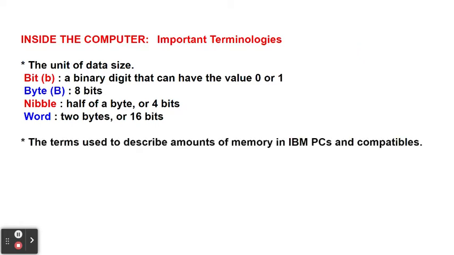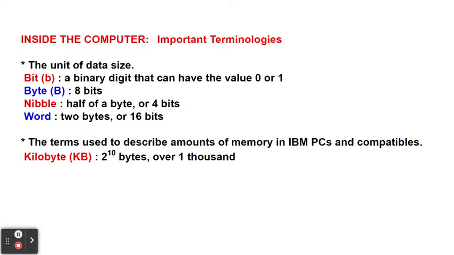The terms used to describe the amounts of memory in a computer and its compatible IBM PCs. By the way, IBM stands for International Business Machines, and PC means personal computer. And when we say compatible, it means similar to this kind of computers. Kilobyte, KB, is equal to 2 to the power of 10 bytes.